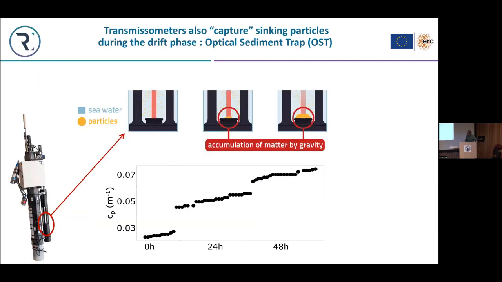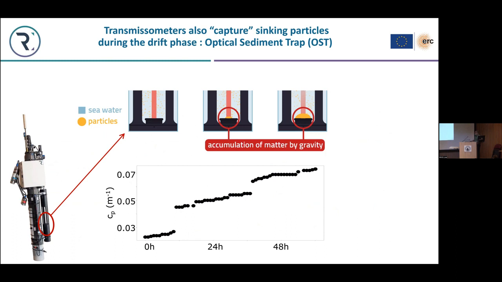But for the moment, I would like to mention that the transmissiometer allows us to get not only more detailed information on the phytoplankton community, but at the same time, through a method initially developed by Jim Bishop and later improved by Meg Estapa, the so-called optical sediment trap method, you can see here a record during the drift of the float, here it's 48 hours.